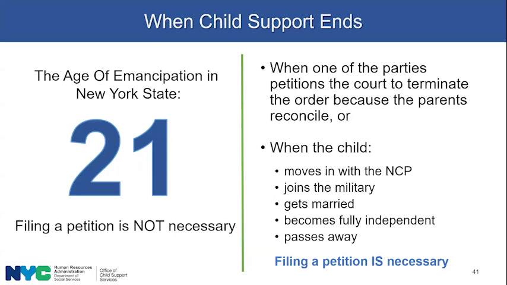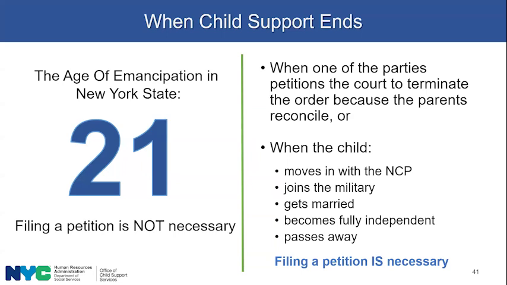Not so unusual for teenagers to say, hey, I'm sick of living with you. I want to go live with my other parent. In which case, it may be that the roles get reversed, that the existing child support case should be terminated, and a new case should be opened where the former CP now becomes the NCP.